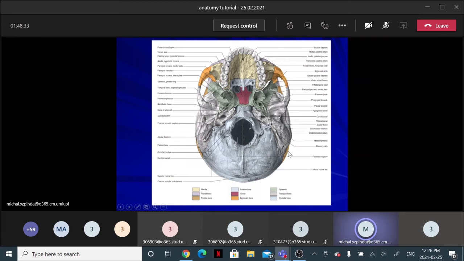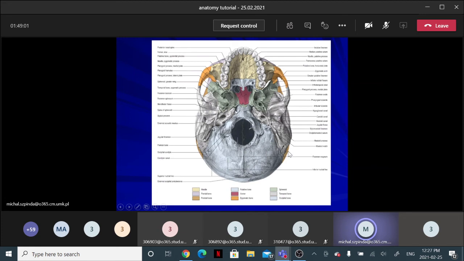And such a place, normally in a living person, is filled with cartilage, but in a macerated skull it presents an irregular foramen lacerum.